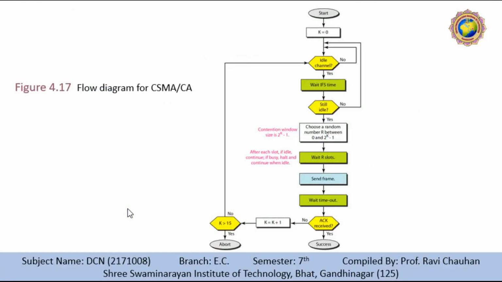So what is the procedure of our CSMA CA, like our CSMA CD? It is a flowchart of our CSMA CA. Note that the channel needs to be sensed before and after the IFS. The channel also needs to be sensed during the contention time. For each time slot of the contention window, the channel is sensed.